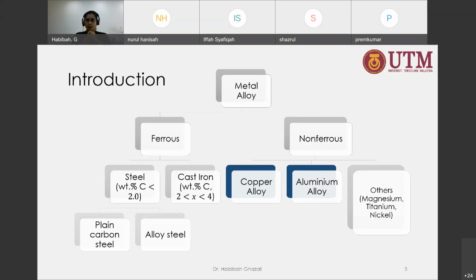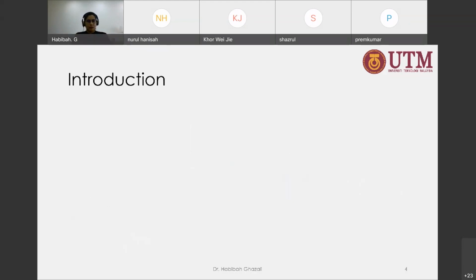And when the host material is other than iron, we call this non-ferrous alloy. We have used a lot of non-ferrous alloy in a lot of engineering applications. We want to have a look at its mechanical behavior, where it is generally used, and why it is used in those kinds of applications.